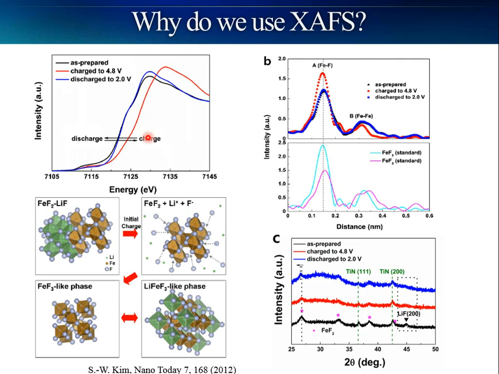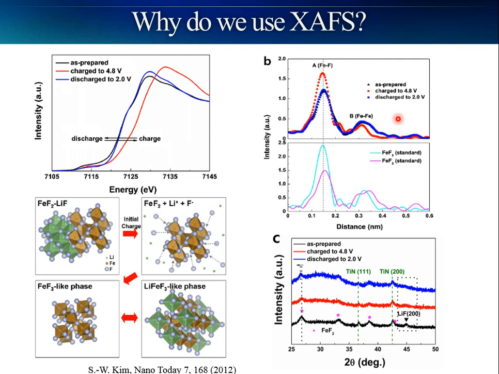Okay. This group also took the XRD, right, and XAFS. As we expect, there is no considerable discrepancy in XRD. And they measured the XAFS of the reference samples FeF2 and FeF3, to compare with the samples.